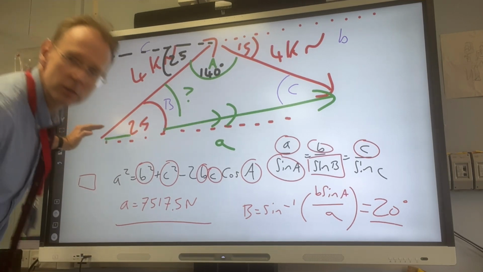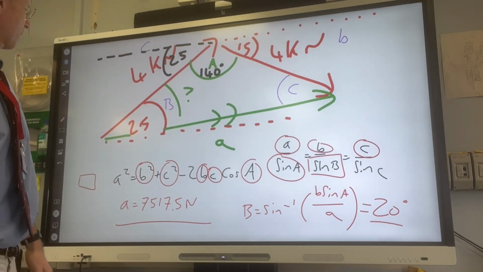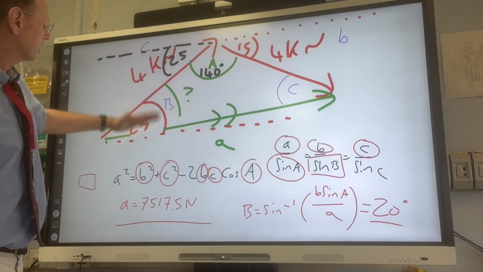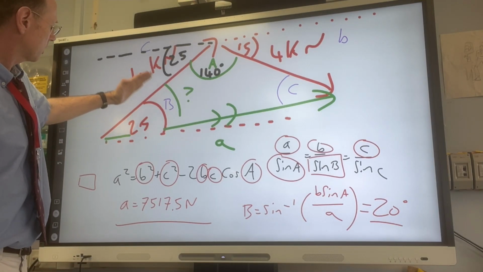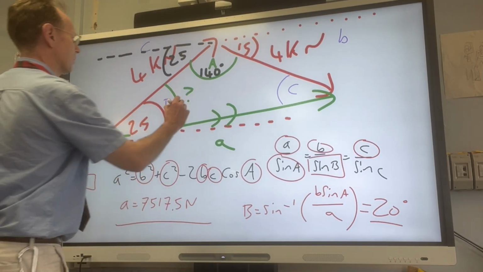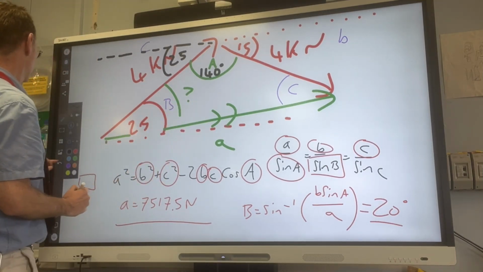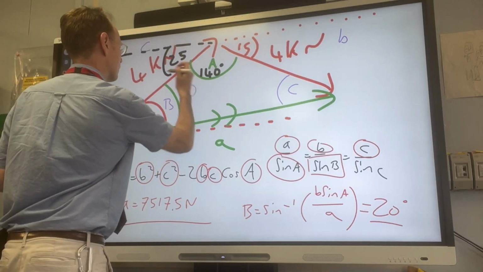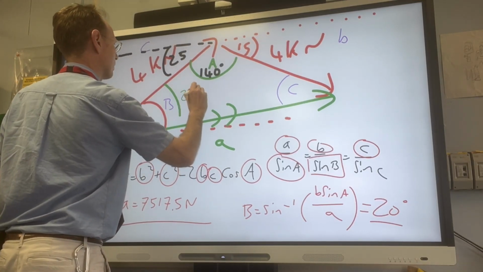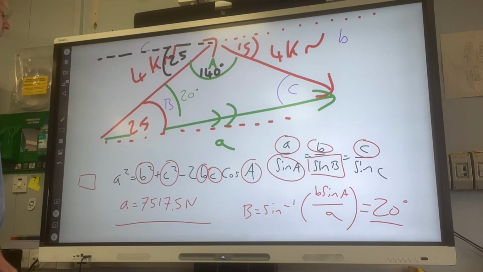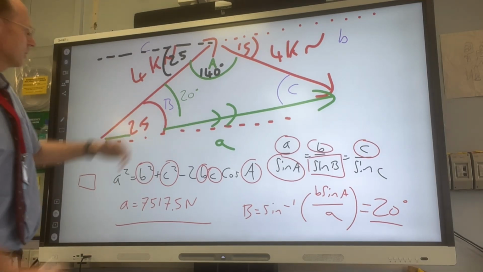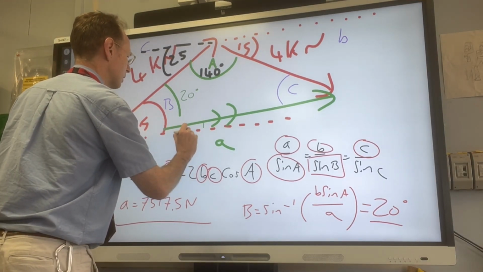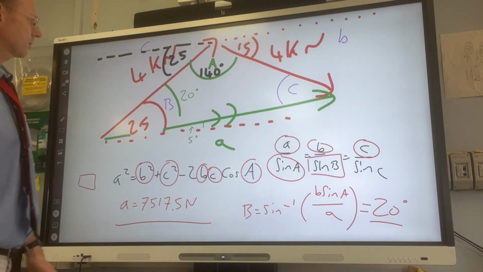Then what angle is the resultant going to be? Well, if the red line is 25 degrees, B is 20 degrees. The resultant is 5 degrees north of east.